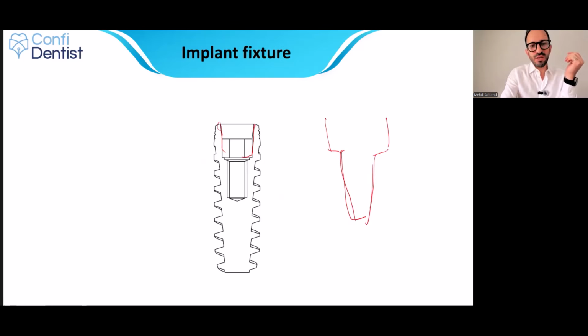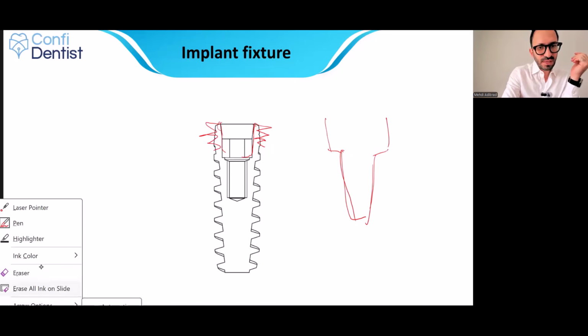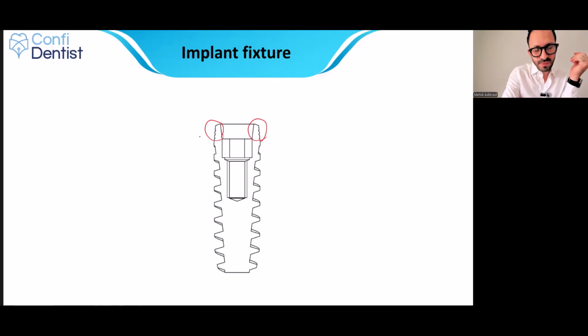Okay. So if we make macro threads here, that makes the implant fixture neck, this area, very thin. And that increases the risk of implant fracture here. So we want to have the highest thickness, if possible, in the neck area, because this is one of the areas where we have the most implant load concentration, considering the micro movement of the prosthetic abutment inside the housing, inside the implant.